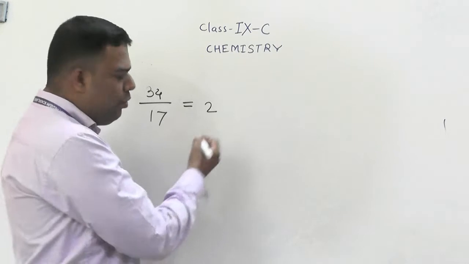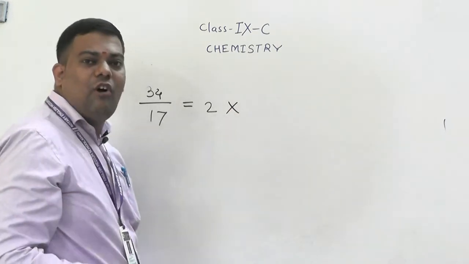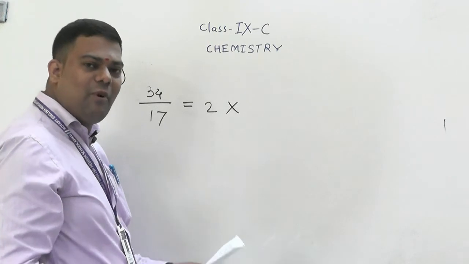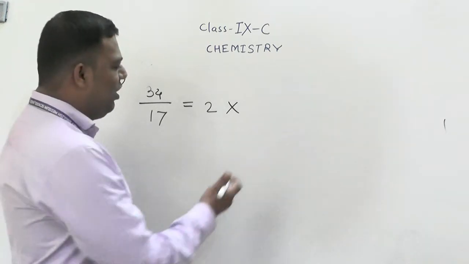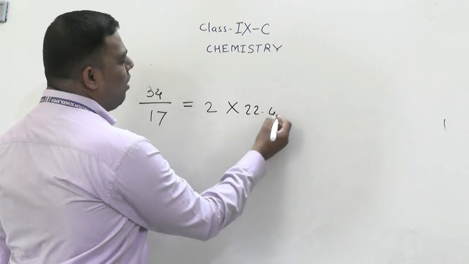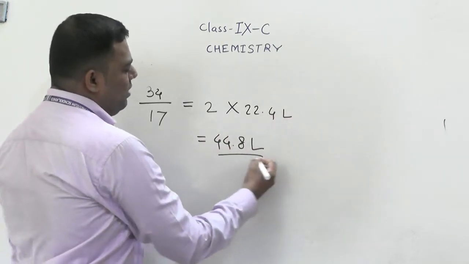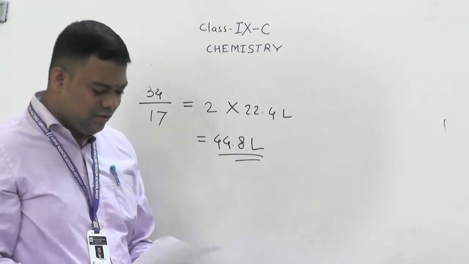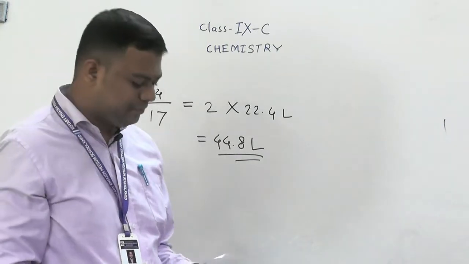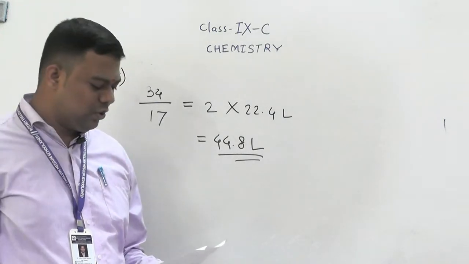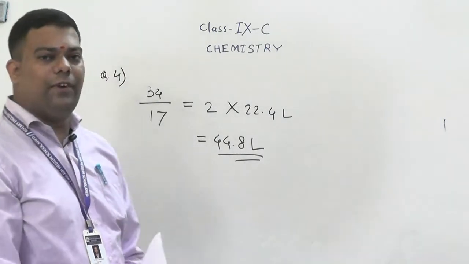Then number of moles into volume of gas: the volume of that 34 gram of ammonia at STP, we want into 22.4 liter. So you will get 44.8 liter. Yes, it is there in the options. Option A. So the fourth question's answer is small a.